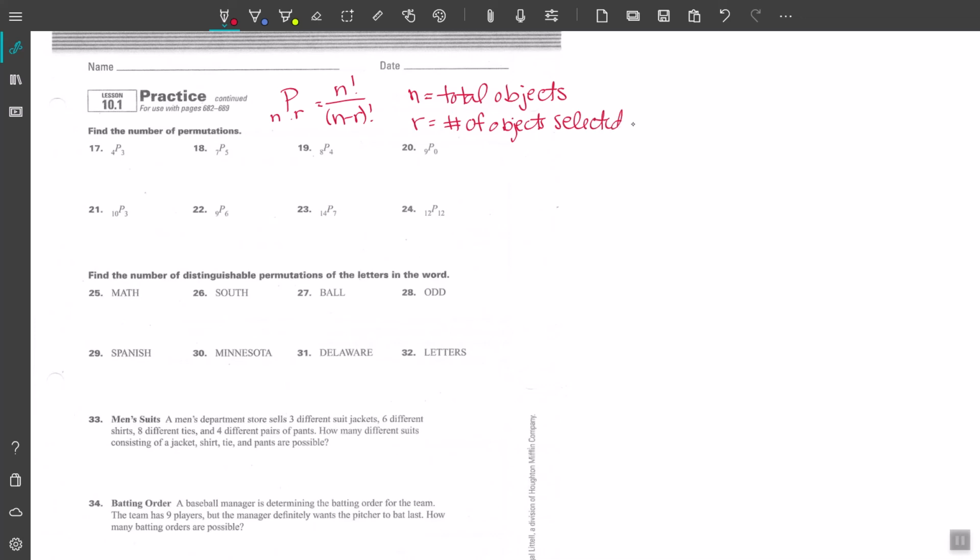Okay, so in our 17 here, we can see that the N is 4, the R is 3. So that means that out of 4 objects, we're going to select 3 at a time. And so what we do is we take the N, we just follow this formula here. We take the N and plug that in the numerator as 4 factorial.